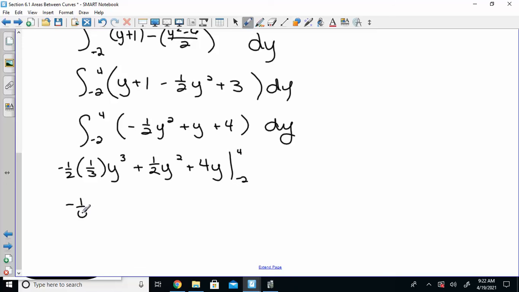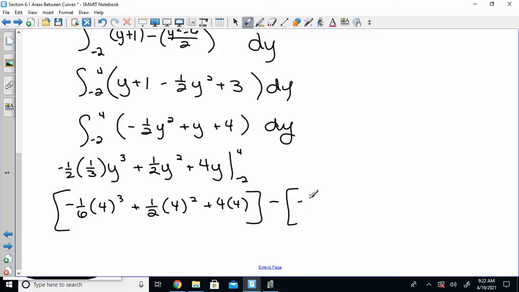So I have a negative 1/6 times 4 cubed. That's 1/2 times 4 squared. That's 4 times 4. Minus negative 1/6 times negative 2 cubed. Plus 1/2 times negative 2 squared. Plus 4 times negative 2.